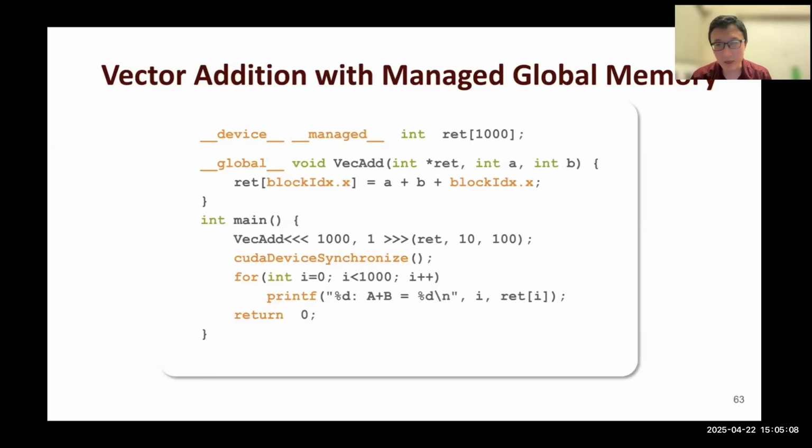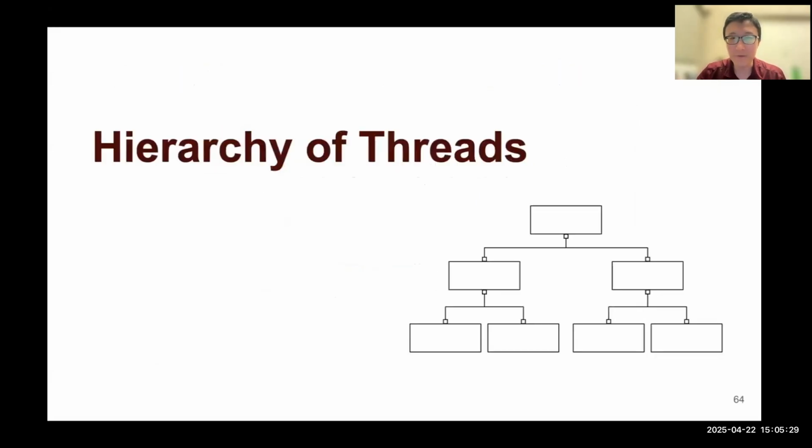I would prefer to write my code this way if my application needs access to a global array at some point. It gives me very readable code and makes my code much cleaner. Okay, so this is another way to use global memory, because memory allocation is very important.